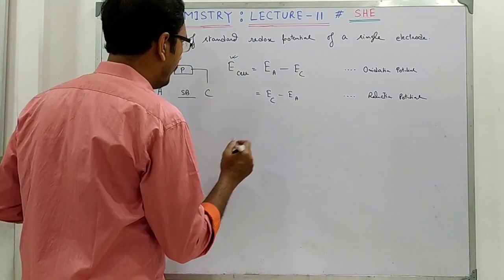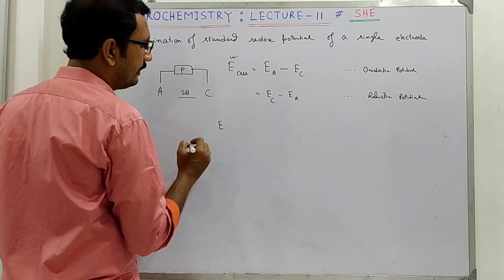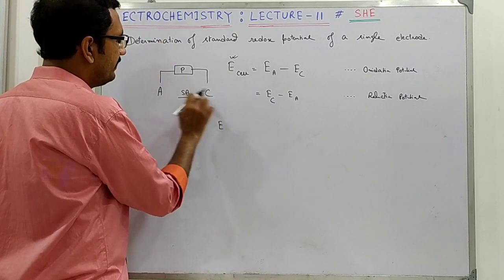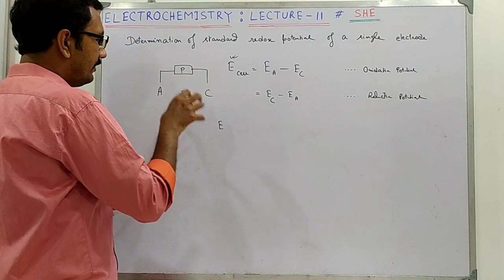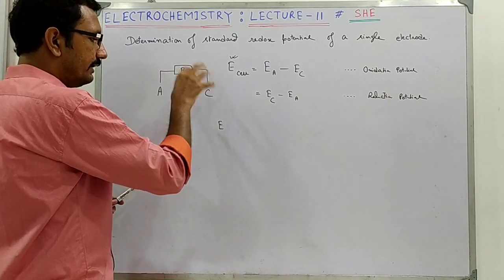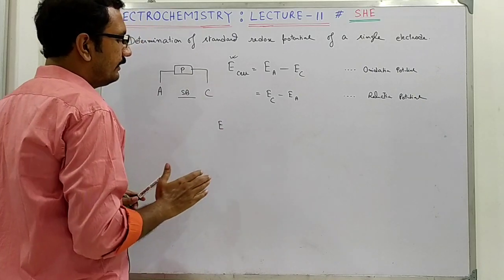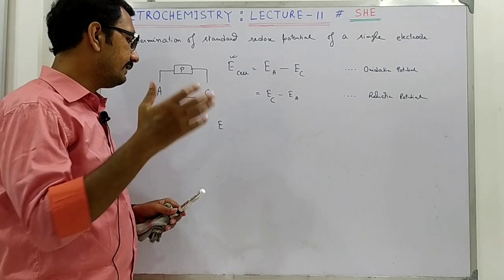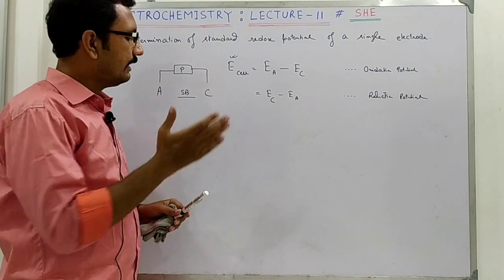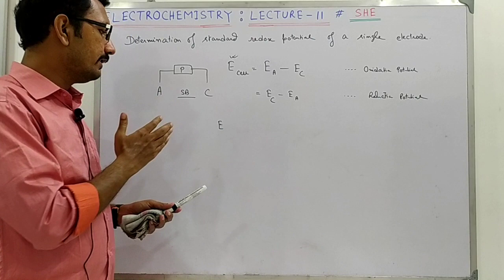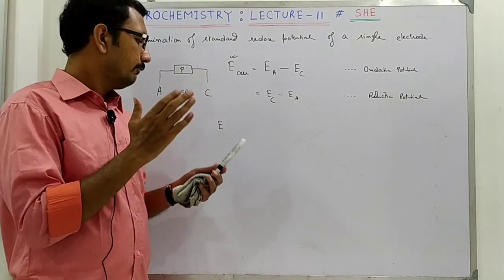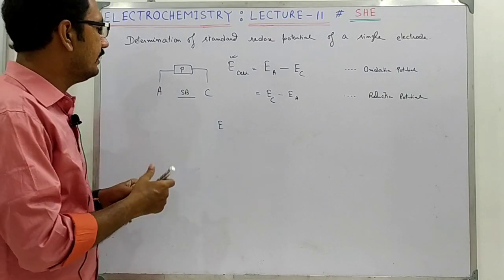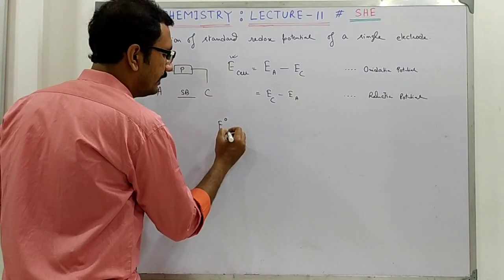Another thing: if you take the concentration of any species present in the anode or cathode in the standard state, that is, if it is an aqueous solution of ions, we take it as 1 molar. If there is any gaseous component, we maintain the pressure at 1 atm. If we keep these in the standard state, then the potentiometer will give us the reading E0 cell.